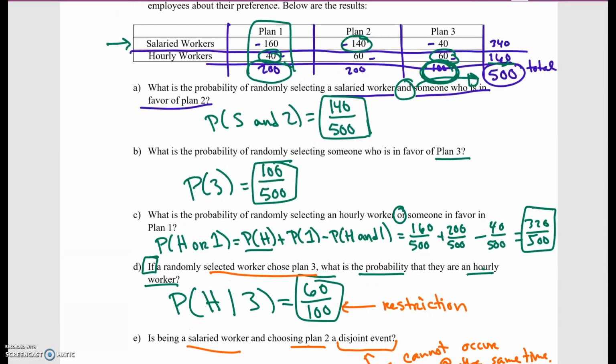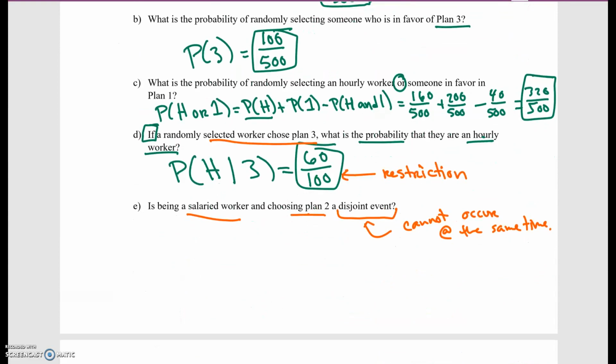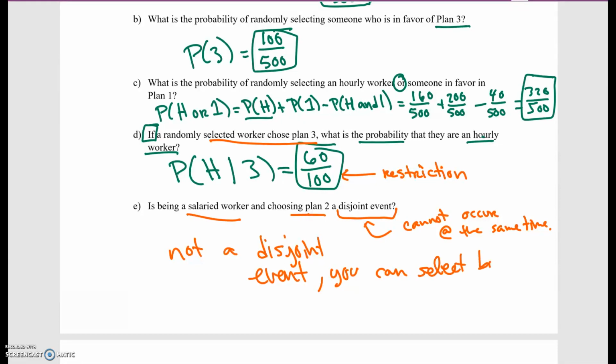The answer is yes, because you have 140 people who are salaried and chose plan 2. So this one is not a disjoint event, because you can select both at the same time.